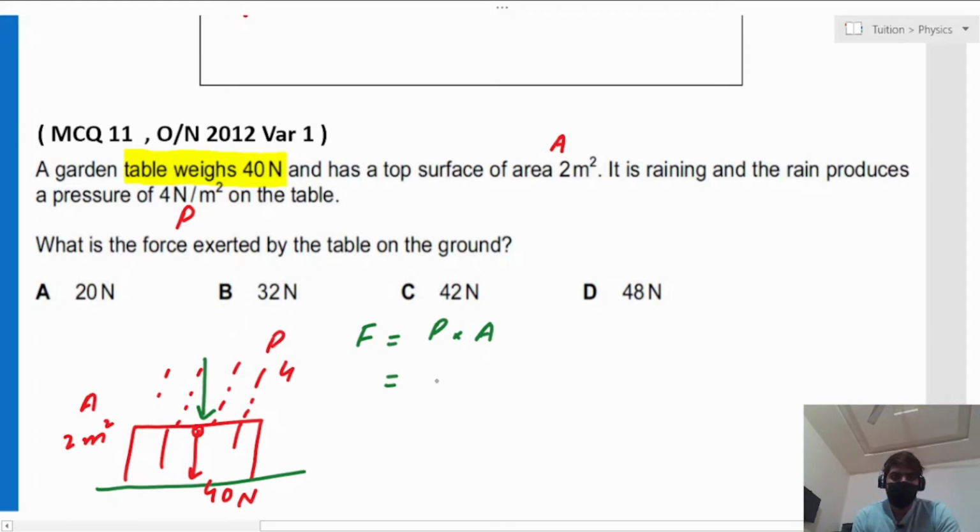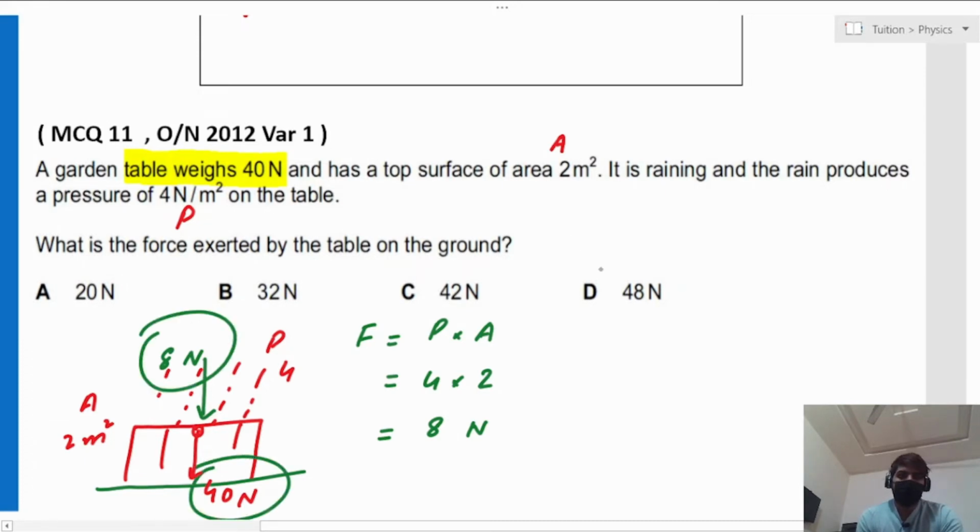Pressure was 4, area was 2, then you take the product of it, 8 Newton. So 8 Newton is the extra force that you get from the rain. Now what is the total force? It is the sum of weight and this one, 8 Newton plus 40 Newton, which is 48 Newton.